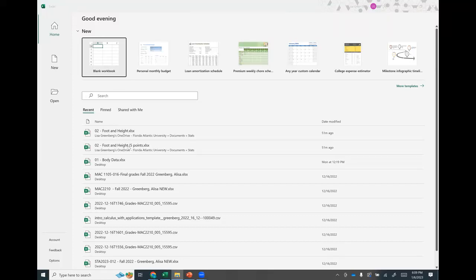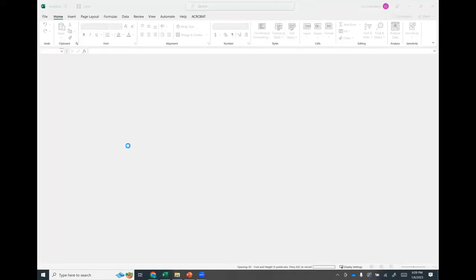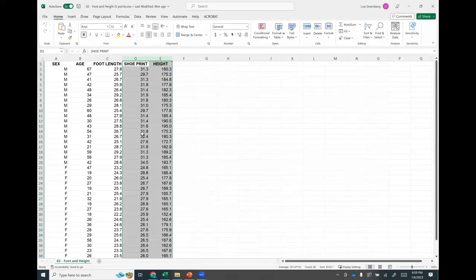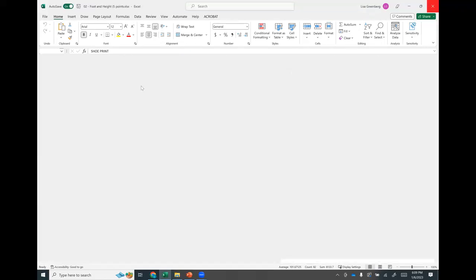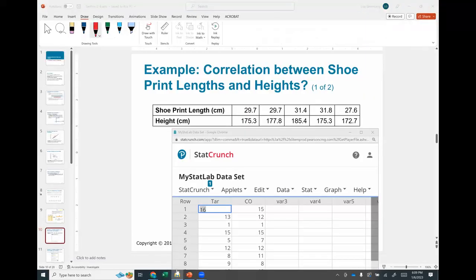Let's see, 5 points. Do I have it? Nope. Those are not 5 points. Let's see if I just mislabeled it. Otherwise, I'll go get them back anyway. We can even just type them in here. Probably faster to just type them in.